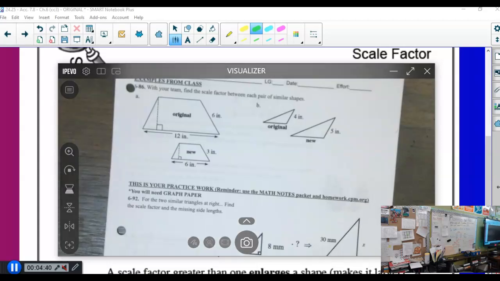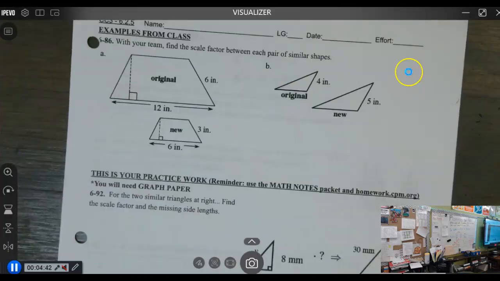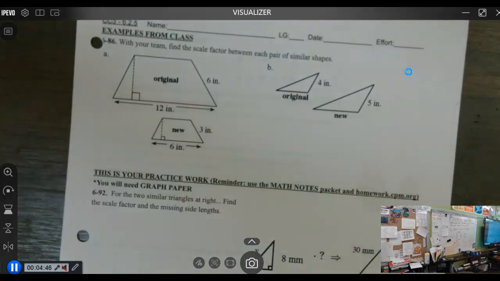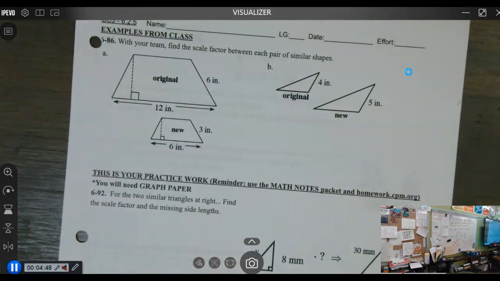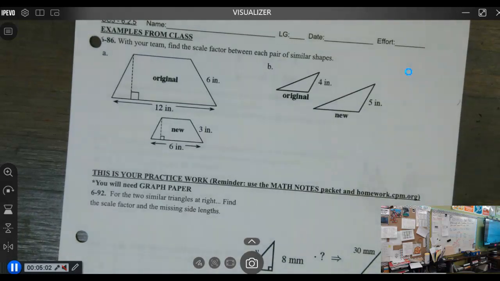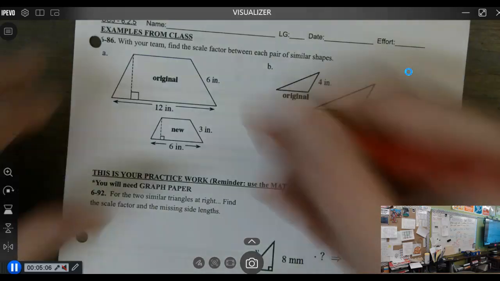But the trapezoids, right? What was the technical scale factor of our trapezoids, Jeremiah? Yeah, from original to... Okay, so that's the problem. We're going to the new, but when we're comparing, it's new over original. Sorry, I want to make sure I'm asking this in the right way.